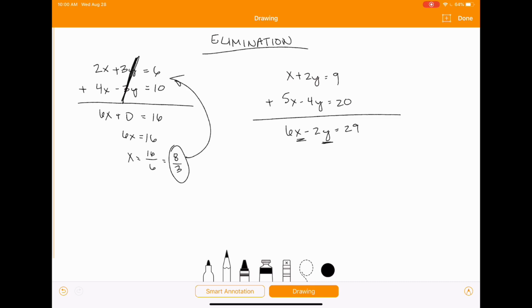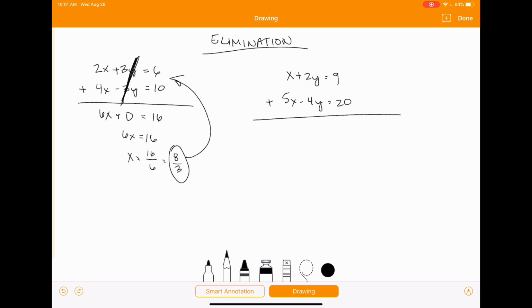Unlike over here where one of them went away and we were just left with one variable in our final equation, we've got two. So we want to eliminate a variable. So in order to do that, we've got to either match up our x's or match up our y's so one of them gets eliminated.